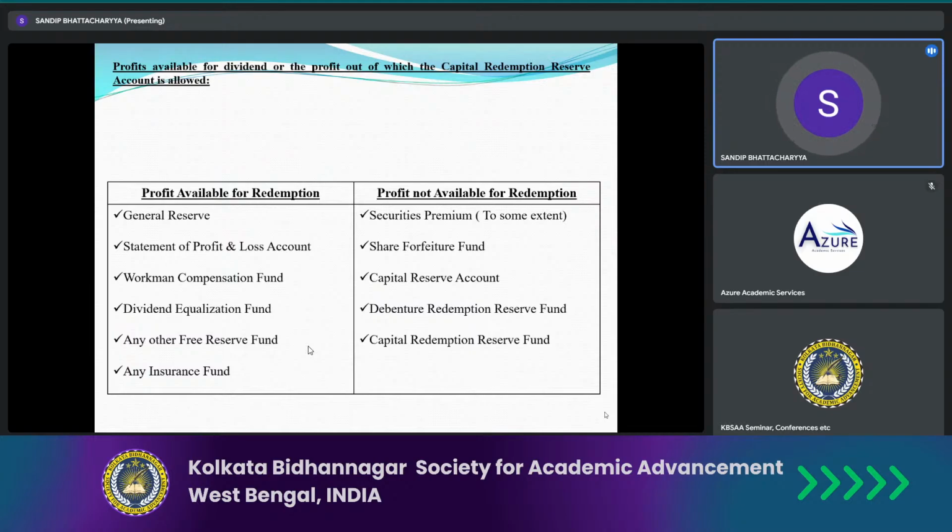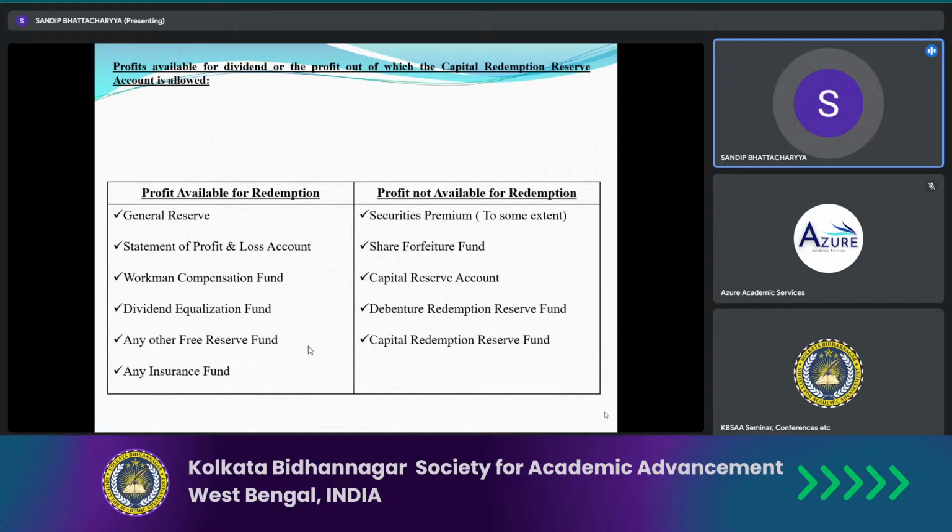But when you are starting preference share redemption, or better you can say buyback, or repurchasing, whatever you call it, these are the free reserves available in the company's balance sheet and financial statement, from which you can proceed with the preference share redemption. So in chronological order: general reserve, profit and loss account, workmen compensation, insurance, dividend equalization, as well as various other reserve funds.